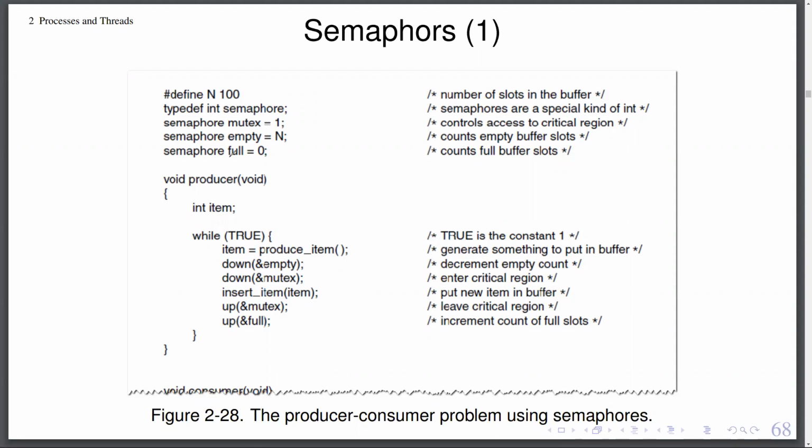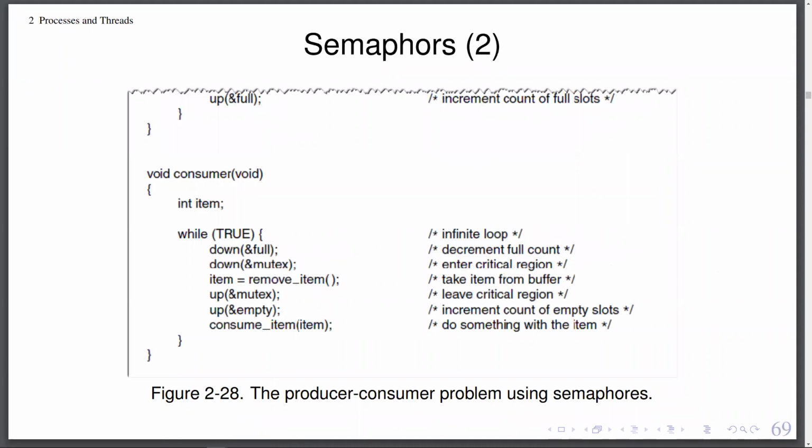And then in the case of the consumer, we're using how many elements have something there. So the semaphore for full does the same job in the consumer. And if we call down on how many elements have something, and full becomes 0, then it would go to sleep.